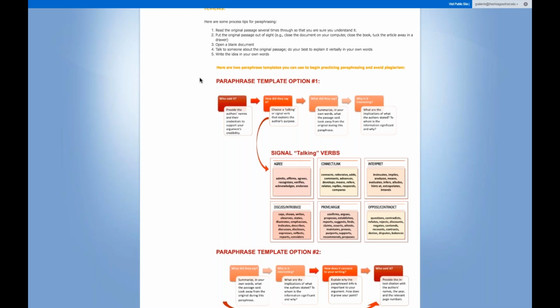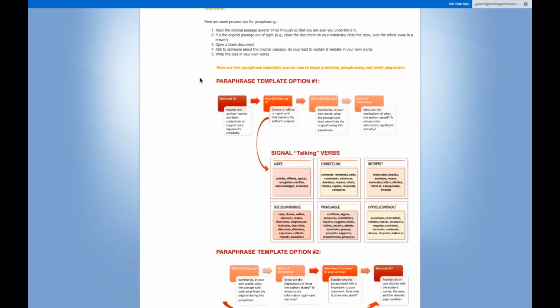Then we can choose a signal verb or how they said it. We're going to choose a talking verb that explains the author's purpose. Were they agreeing with another source? Were they interpreting data? Were they discussing new ideas, proving an argument? You decide what their point was and then pick one of these talking verbs from this list.